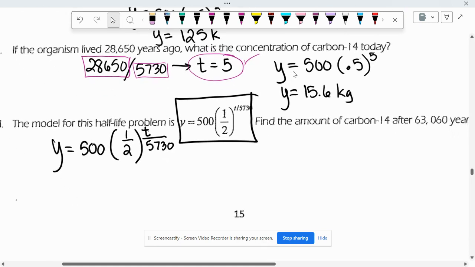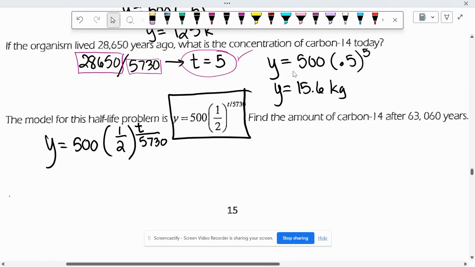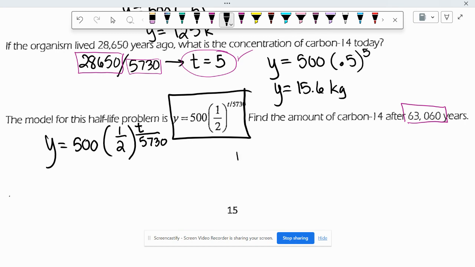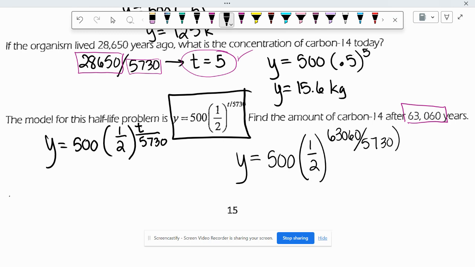So now we're going to set it up as one equation after 63,060 years. So our equation looks like this. Y equals 500 times 1/2 to the 63,060 years divided by 5,730. And you can do all of that in your calculator at one time.